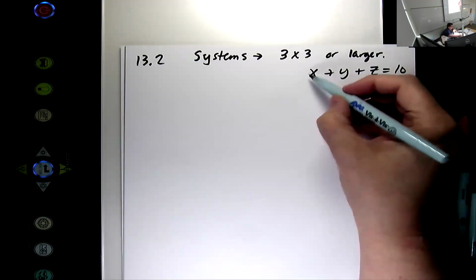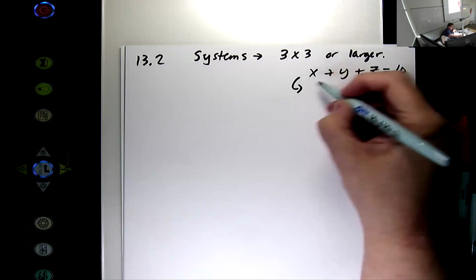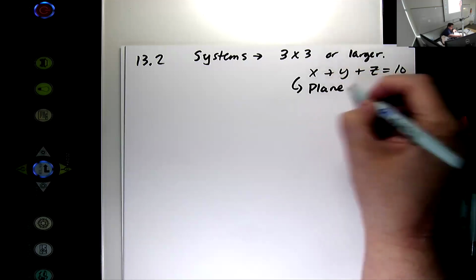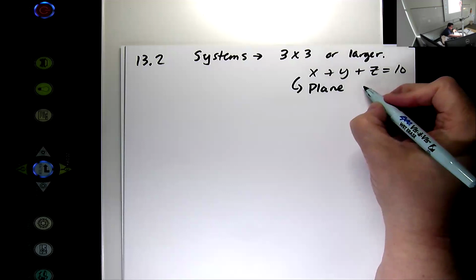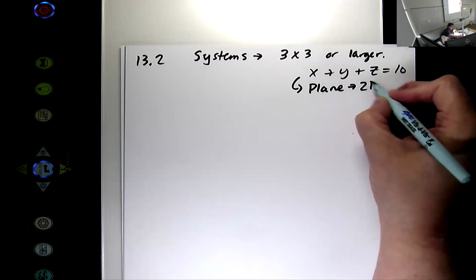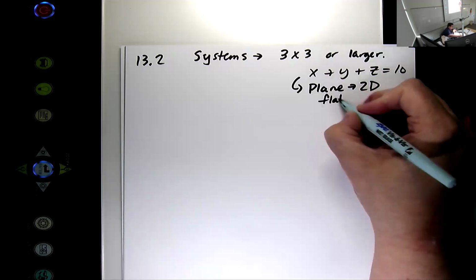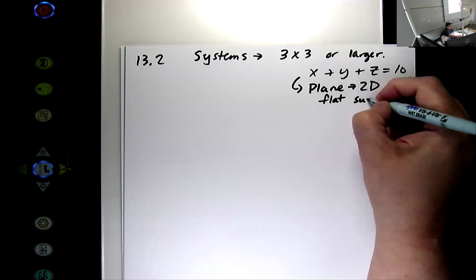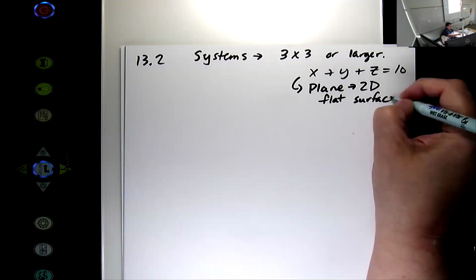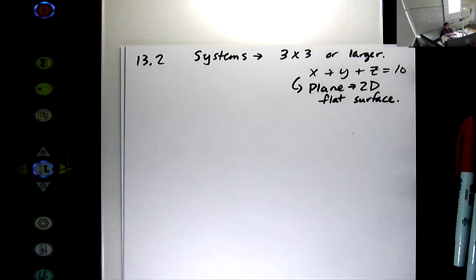And we're gonna have 3 of these. This is a plane, like a 2-dimensional flat surface, like this table.